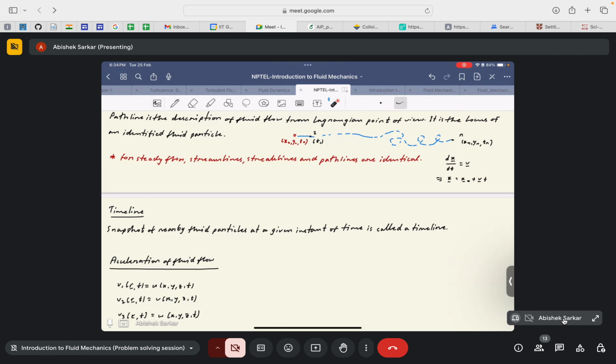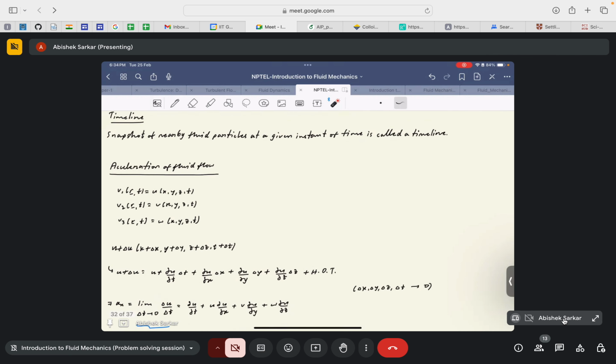With that idea, we now come to an important aspect, that is the acceleration of fluid flow. Till now we were dealing with fluid velocities and fluid position, but now let us look into another advanced parameter, that is the acceleration of the fluid flow.